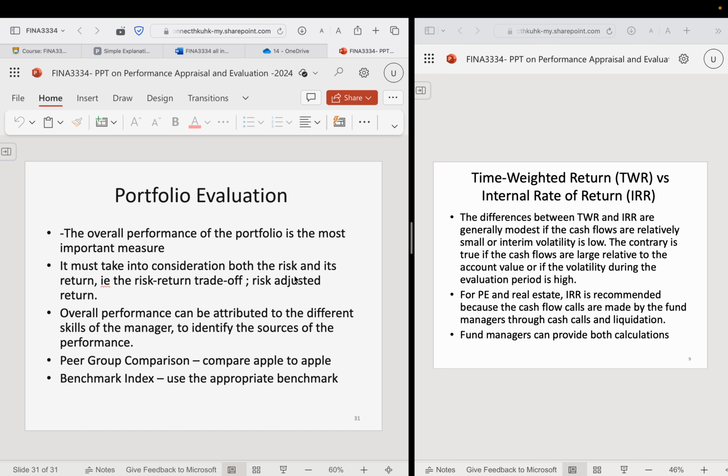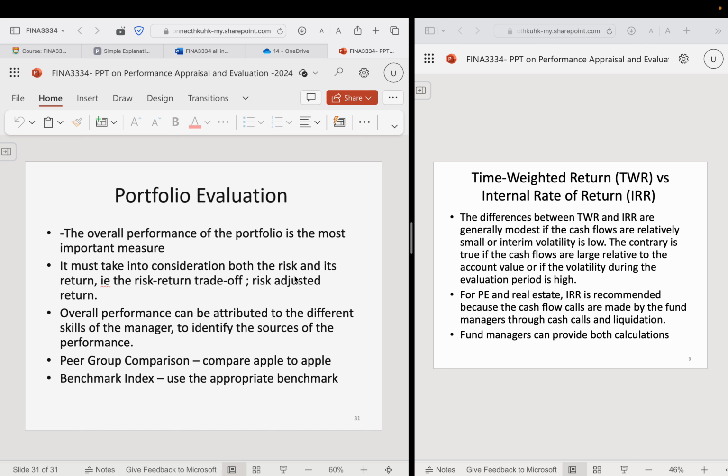So say for example, if you start from here, year one you start from 100 to 110, and your outperformance fee is 10%.